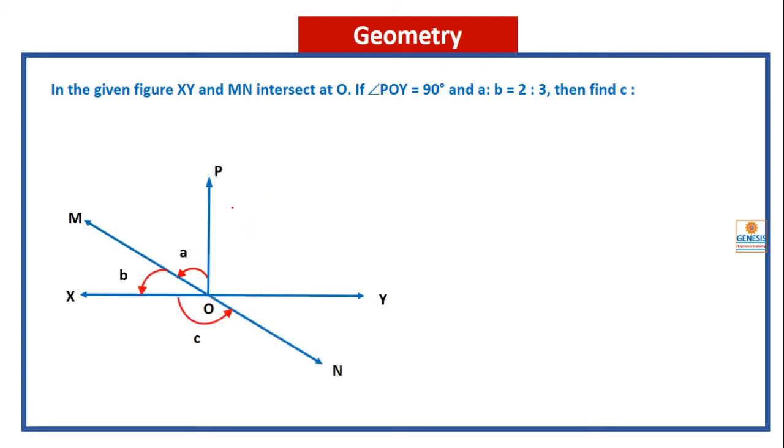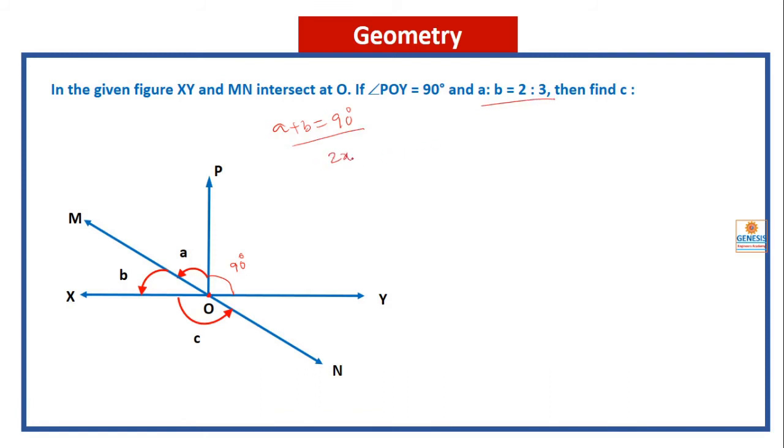So this is the figure given. XY and MN lines intersect at point O and angle POY is equal to 90 degrees. And A plus B is equal to 90 degrees, because the straight angle is 180 minus 90, so you get 90, and they are in the ratio 2:3.